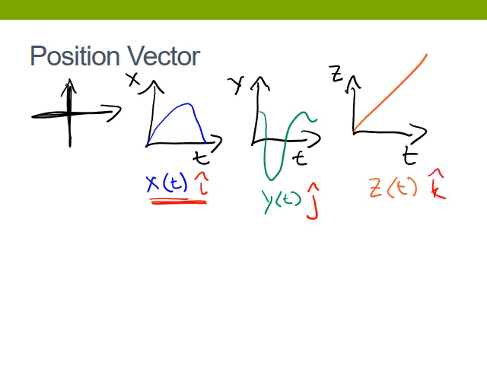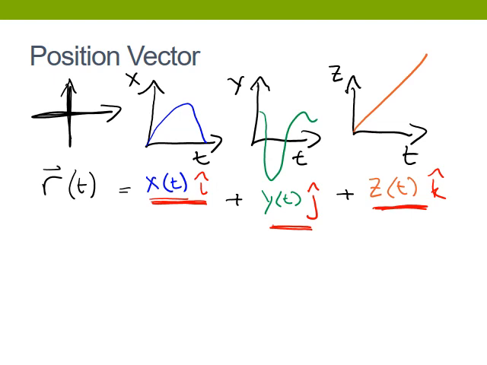And now I have 3 vectors. I have how my position x changes in the x direction with time, how my position y changes in the y direction with time, and how my position z changes in the z direction with time. When I add those all together, I get a new vector that is my position vector, and we use the letter r to denote it.